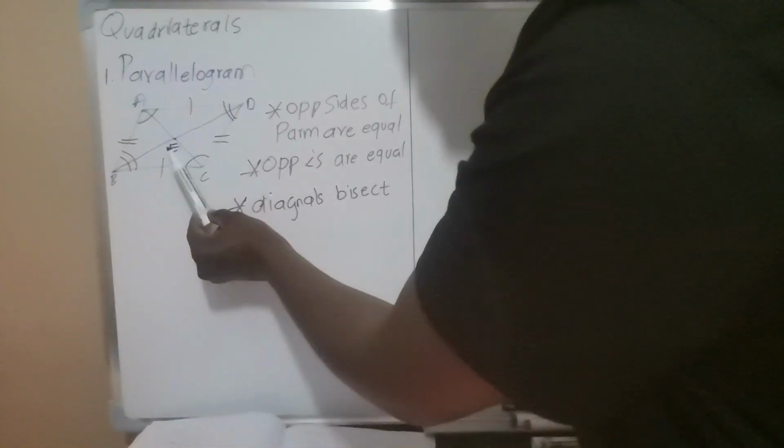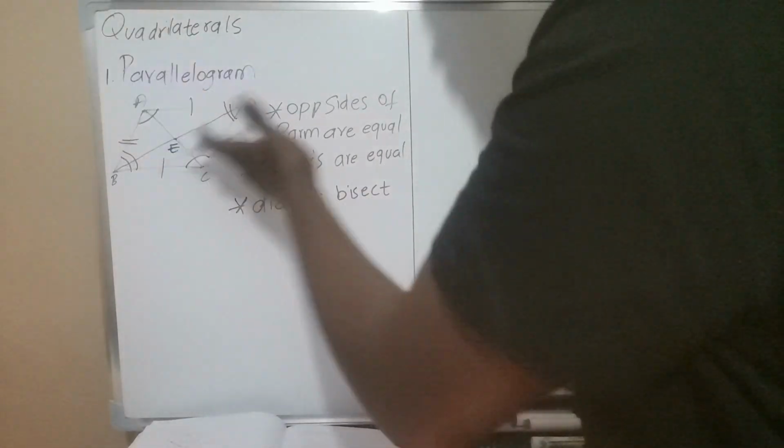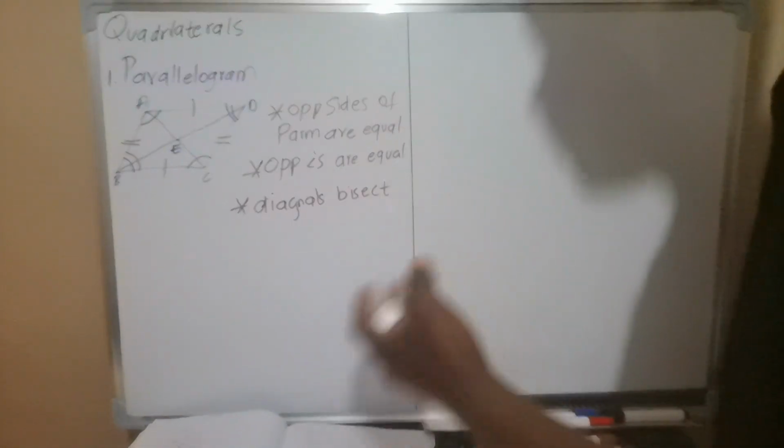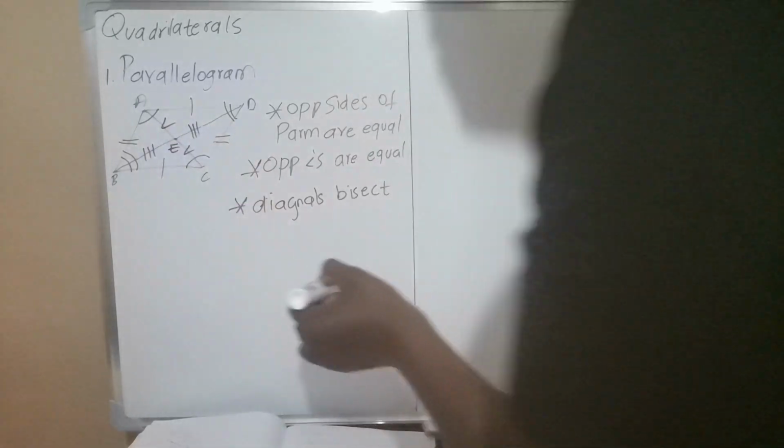That means we're going to have BE, ED, AE, EC. Now, due to diagonals bisecting each other, check something here: you've got 1, 2, 3. 1, 2, 3.